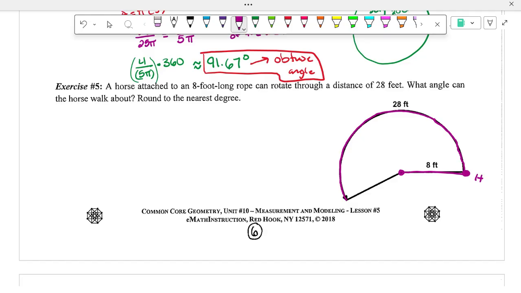Is that going to be the arc length or the sector area? Arc length. So this 28 is our arc length. And it wants to know at what angle the horse can walk about. So we're finding this angle right here.